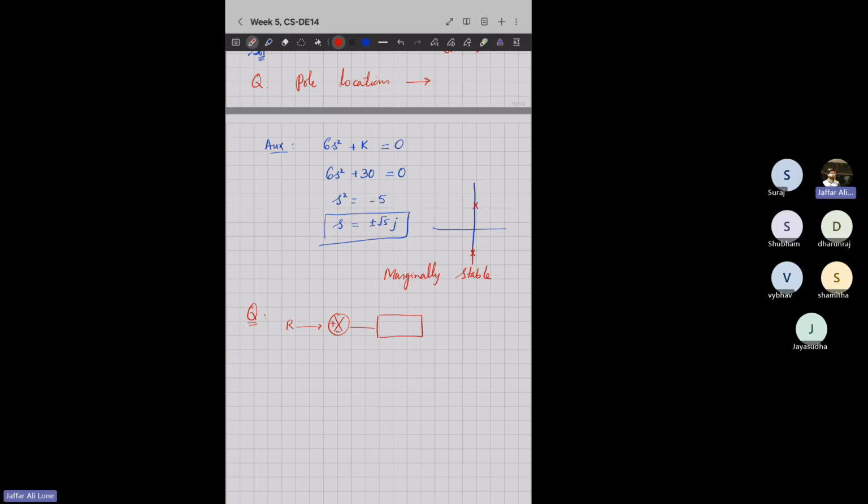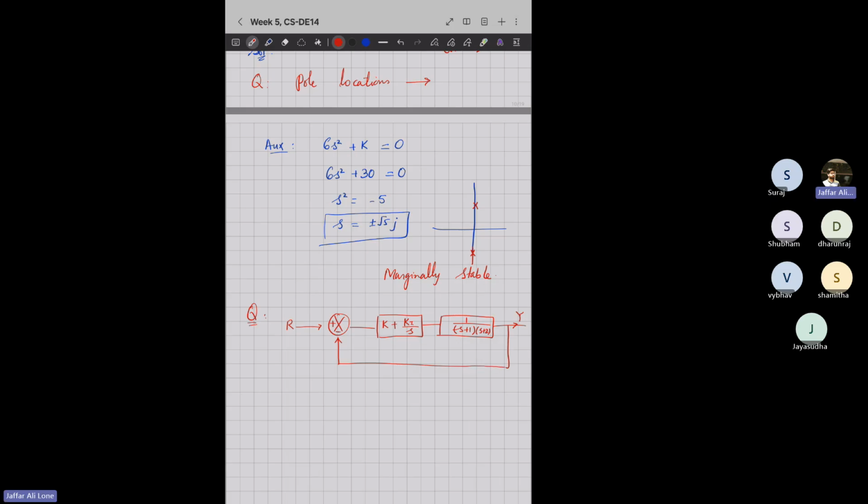You have a PI controller, so when it is a PI controller, your transfer function will be like this. Then you have G(s), which is 1 divided by (s plus 1)(s plus 2). This is your Y. Then you're feeding this back like this.